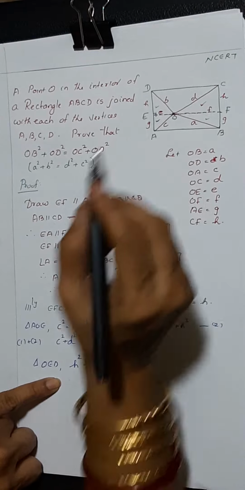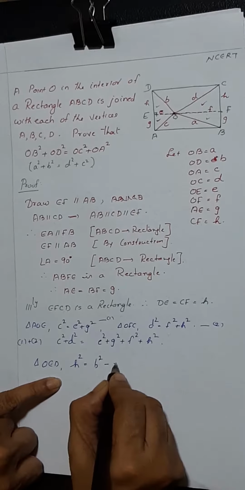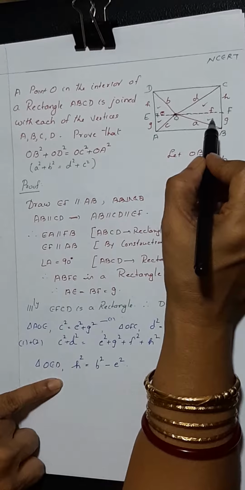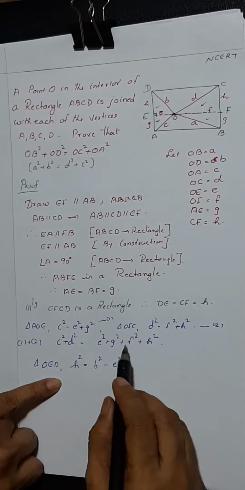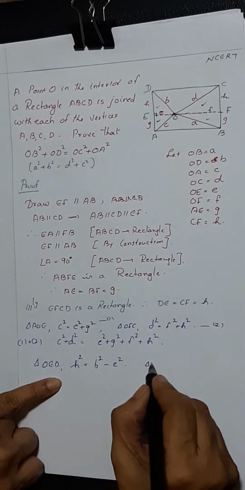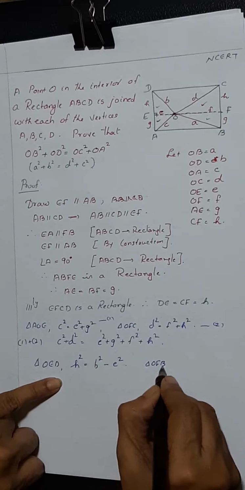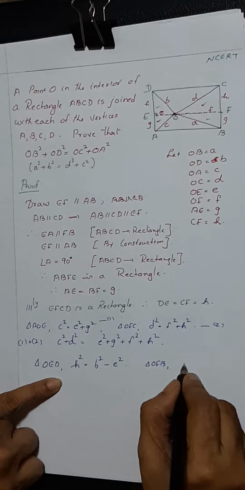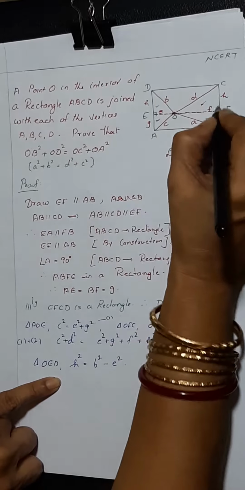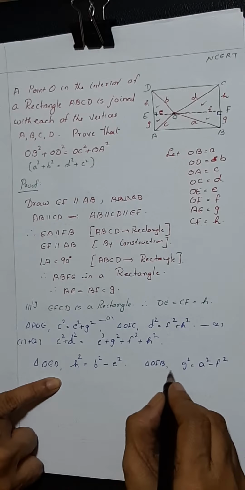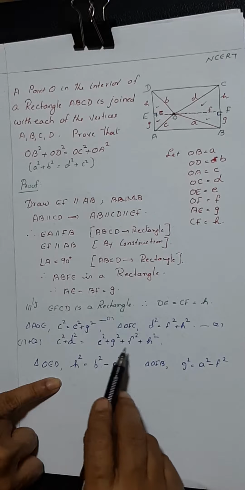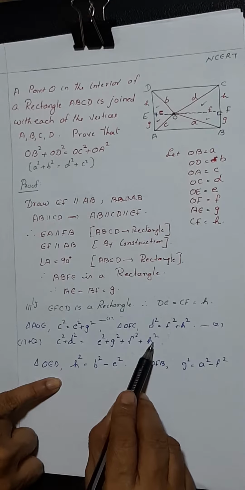So H squared is equal to B squared minus E squared. Similarly, in triangle OFB, we can write G squared is equal to A squared minus F squared. G squared and H squared we have done.